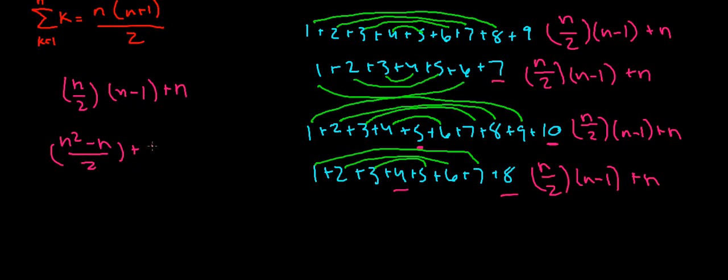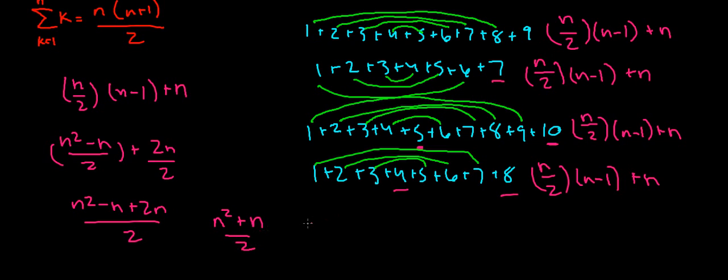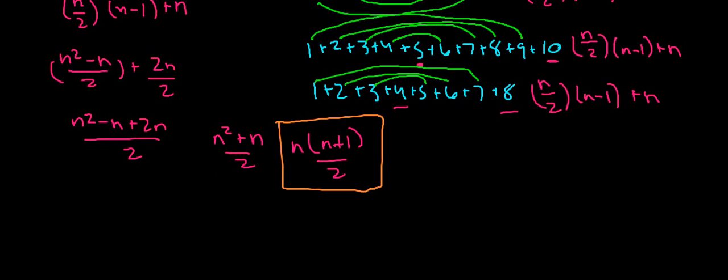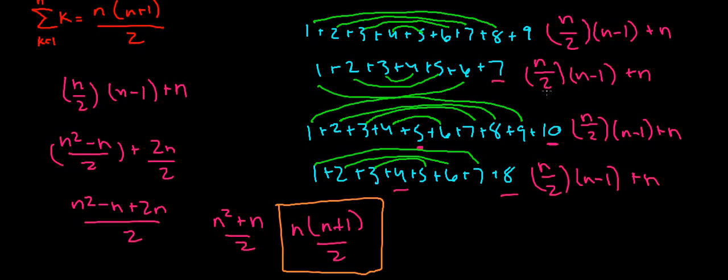I'm just going to erase that and just go ahead and do that. So look at that. That's right. You thought it was wrong, but it really wasn't. So yeah, I got the same formula by thinking of it in this way.